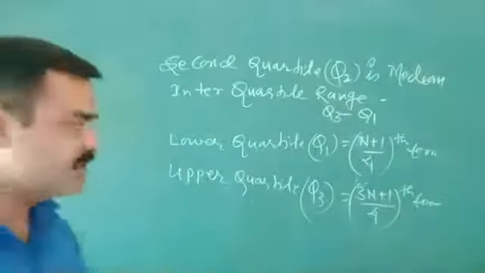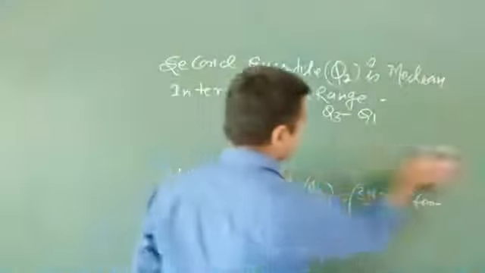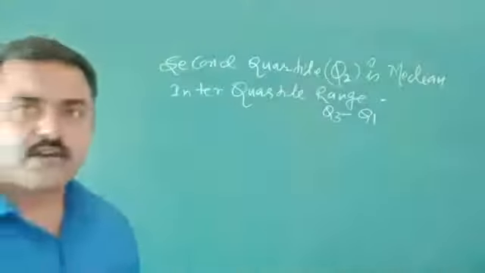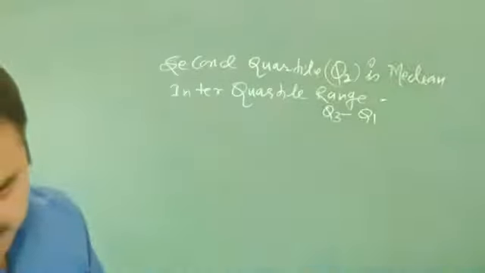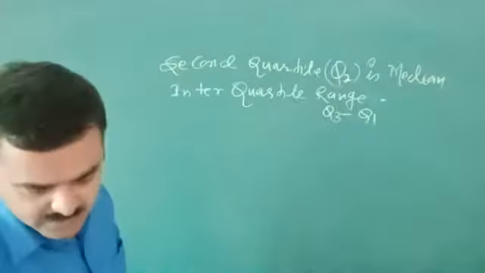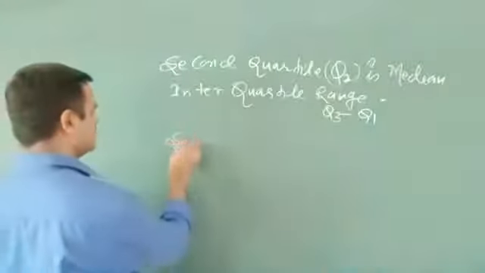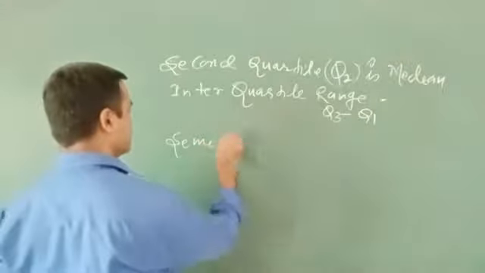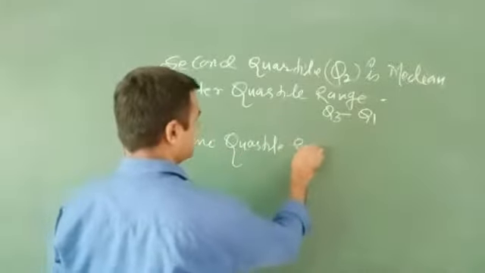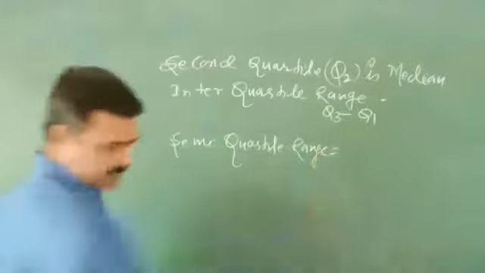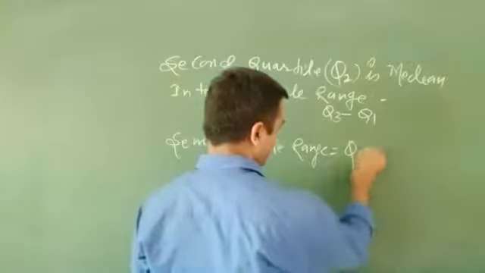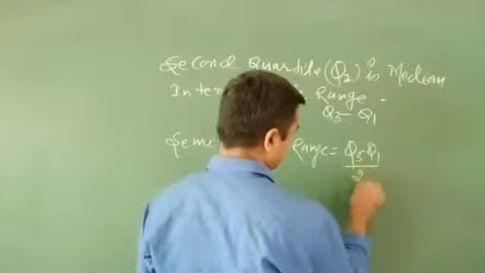75% minus 25%. This is called interquartile range, and semi-quartile range equal Q3 minus Q1 divided by 2.